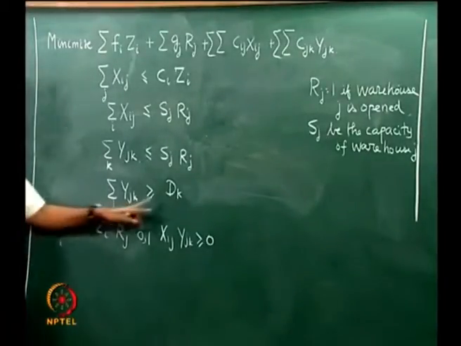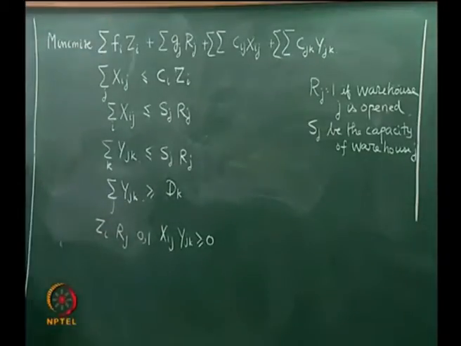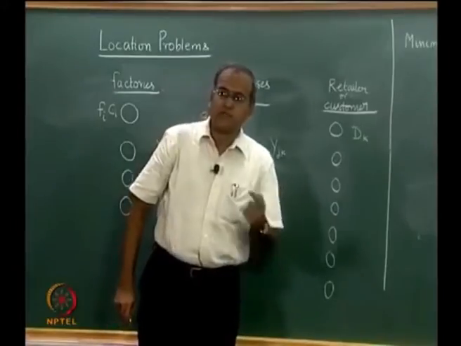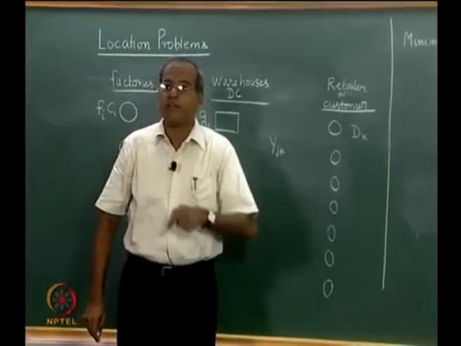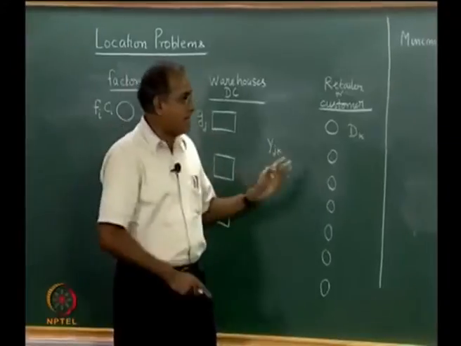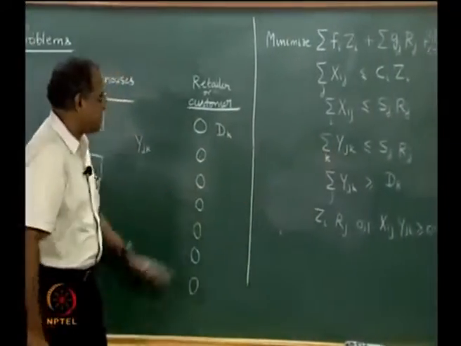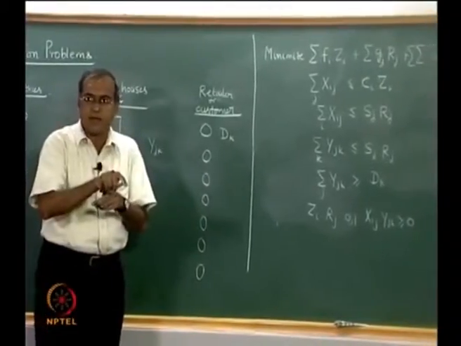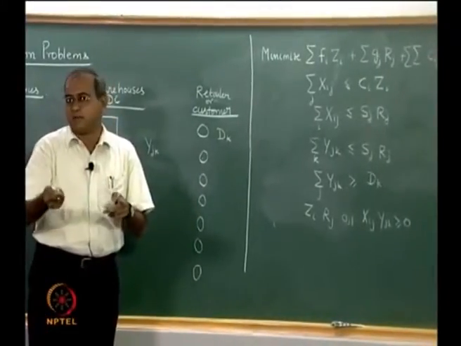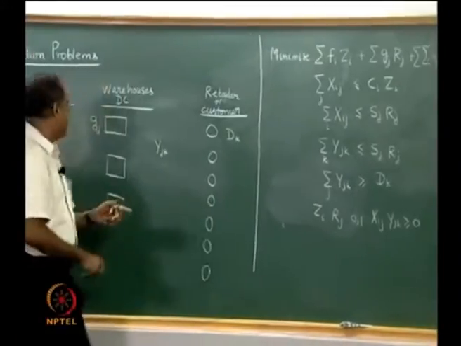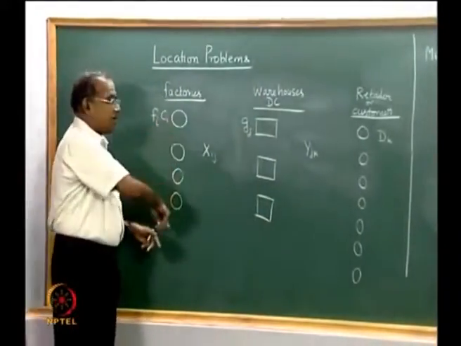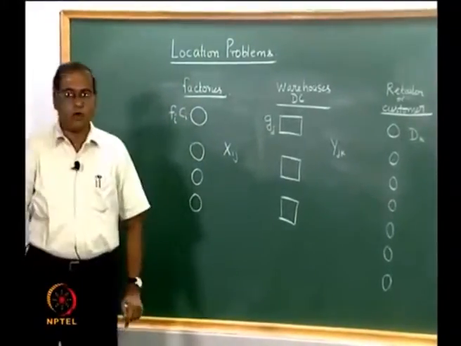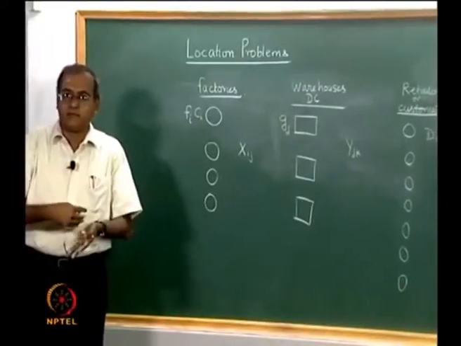So, dk is defined only as demand at customer k or at retailer k, which is for a single item or an equivalent item. Then we can add number of items into it, and this demand will now have a second dimension, which is at customer k for a particular item L, in which case the production capacities will now have to be defined for producing each of the items. It will not be Ci, it will be CiL.